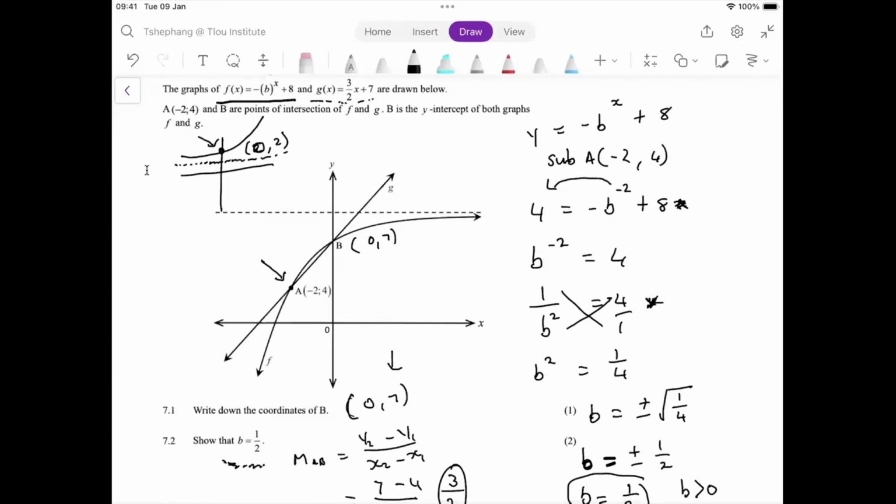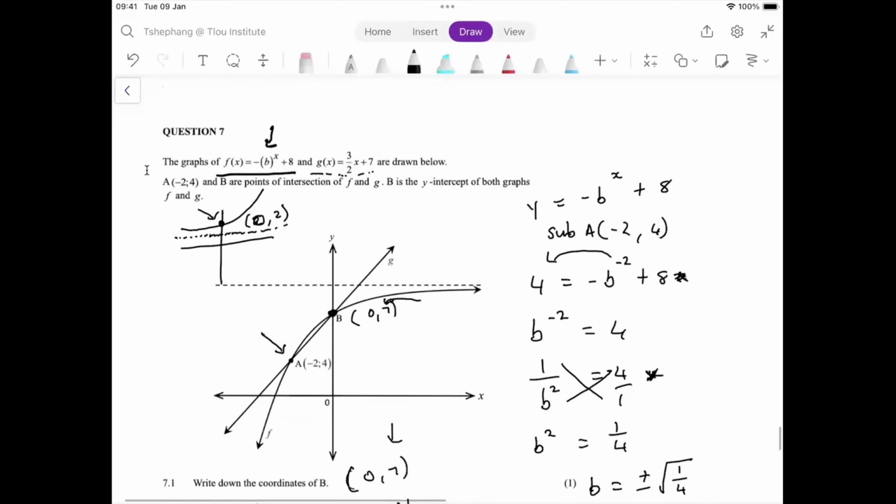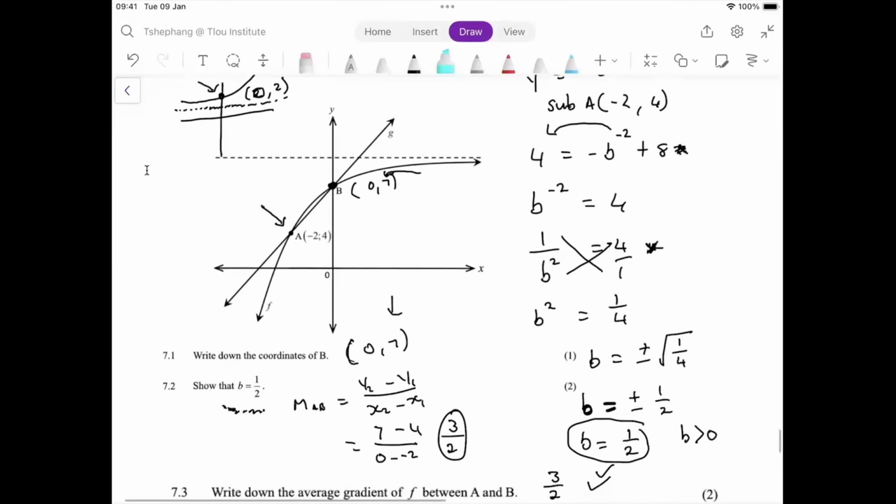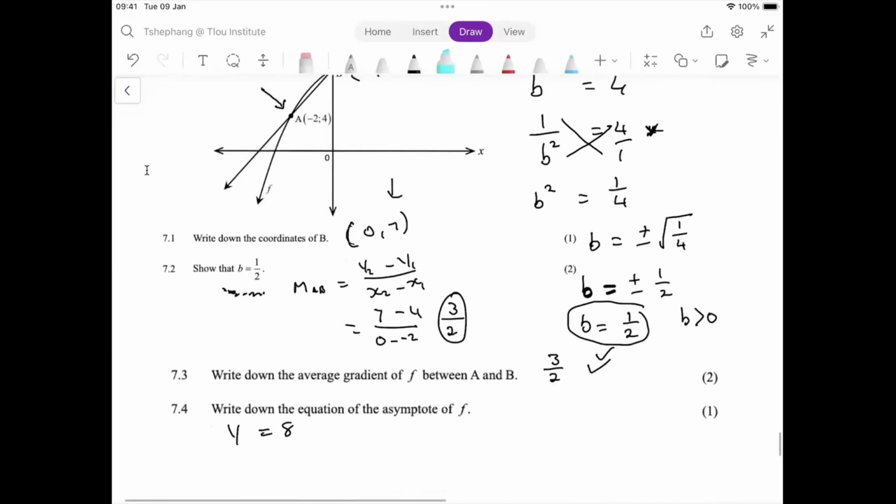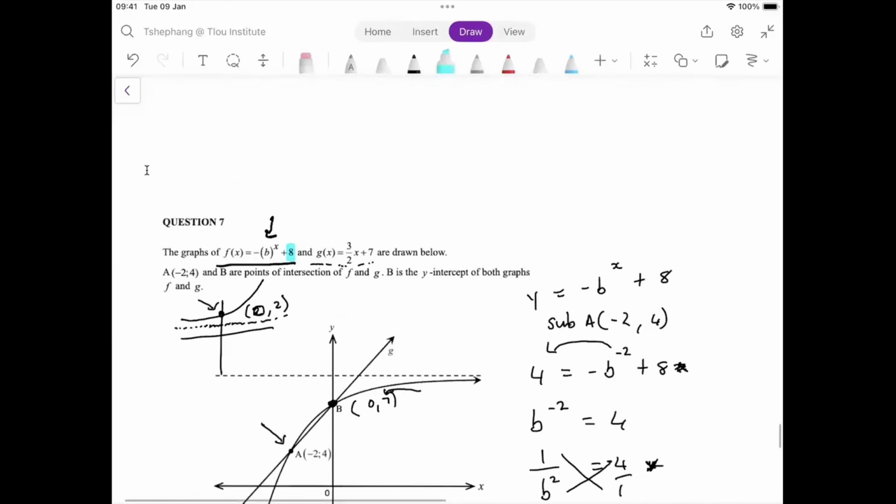The asymptote is just going to be 1 more than whatever that y value is. It's also given here. That's the easy way to go about it. Take it from there, because you needed to just write down the equation of the asymptote of f. Remember that this will always give you that asymptote.